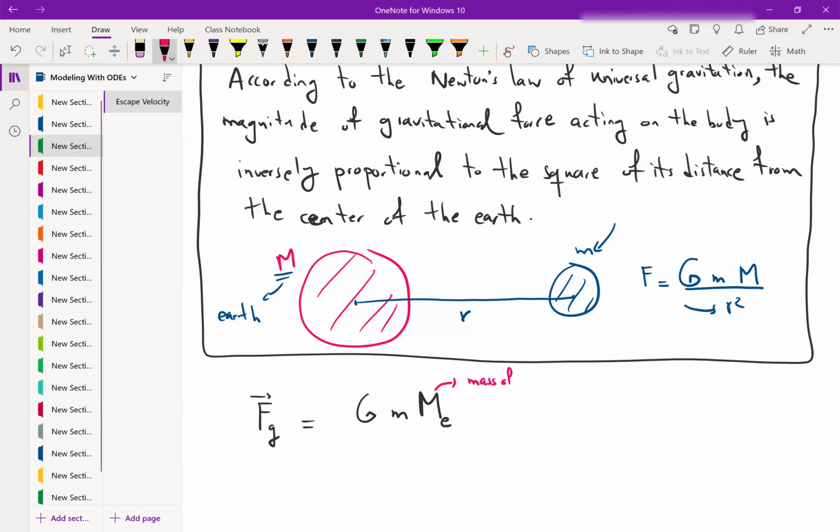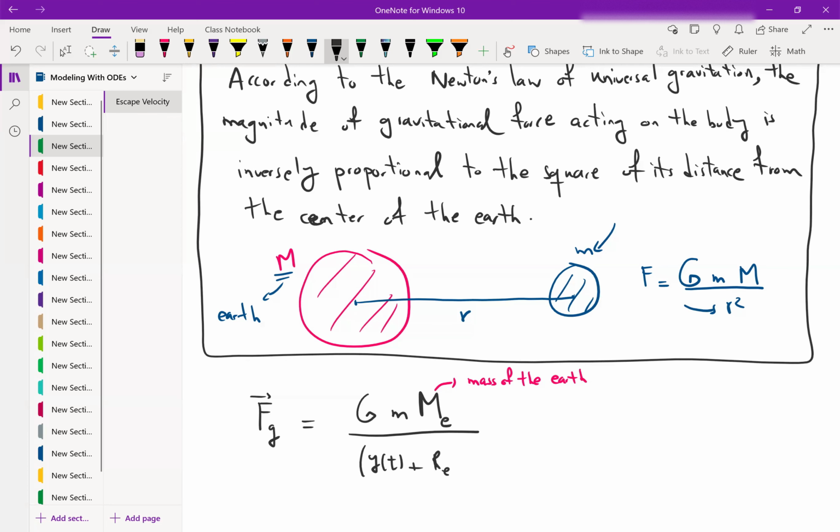Mass of the Earth, divided by y of t at time t, the distance from the surface of the Earth to the mass is y(t), and then of course I have to add r.